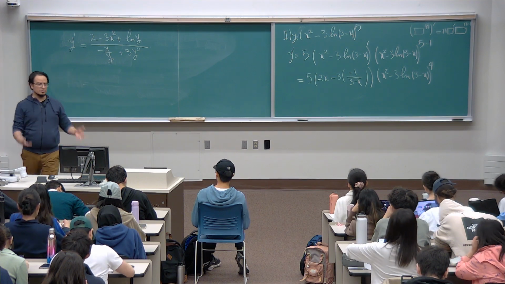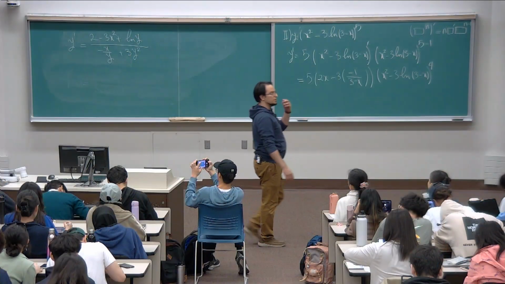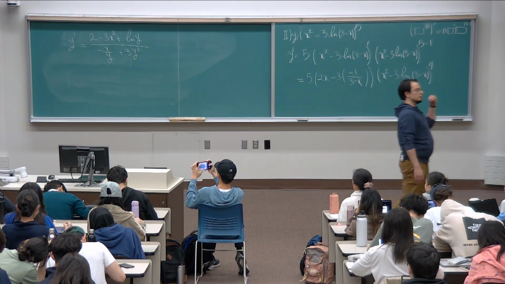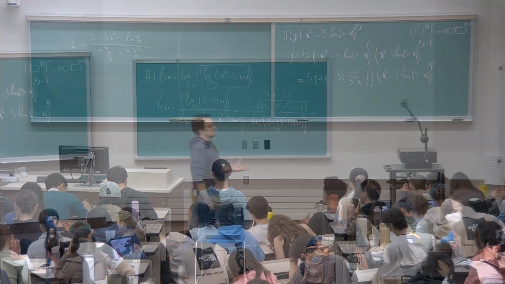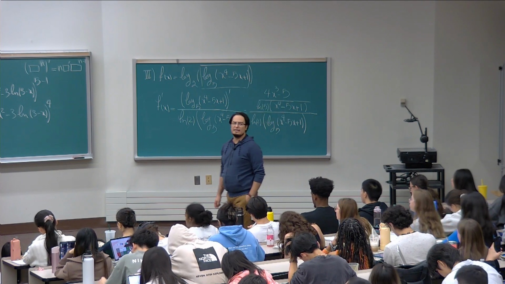So now you have, from this point on, even in implicit differentiation, you may get terms which have exponential function or log functions in them, and you have to be able to use the differentiation rules. Any questions, any comments?